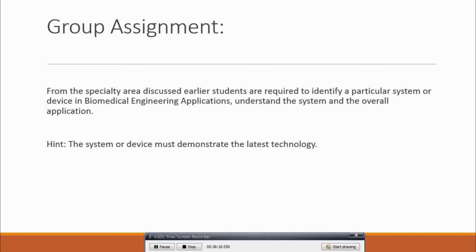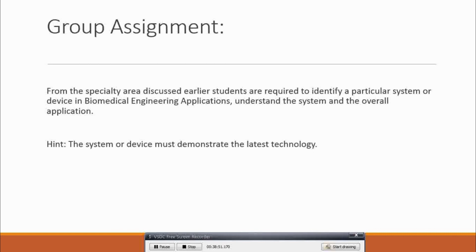From this, you will have to make your own slides for presentation and write your own short report. The report will be around 5 to 10 pages only, not longer than that. Then you will do your group assignment submission.